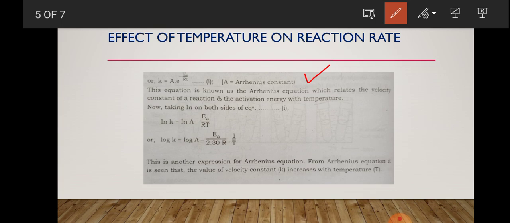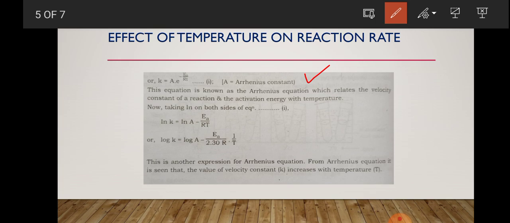Here Ea is the activation energy of the reaction, R is the molar gas constant, and T is the absolute temperature.